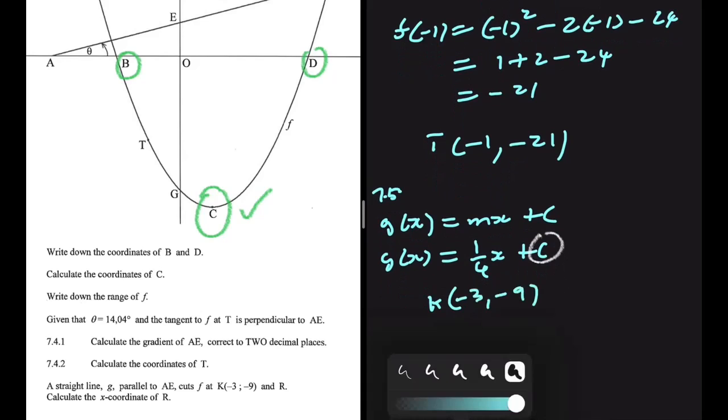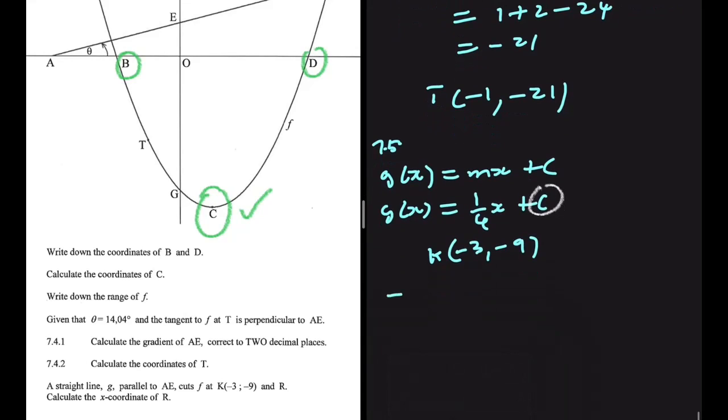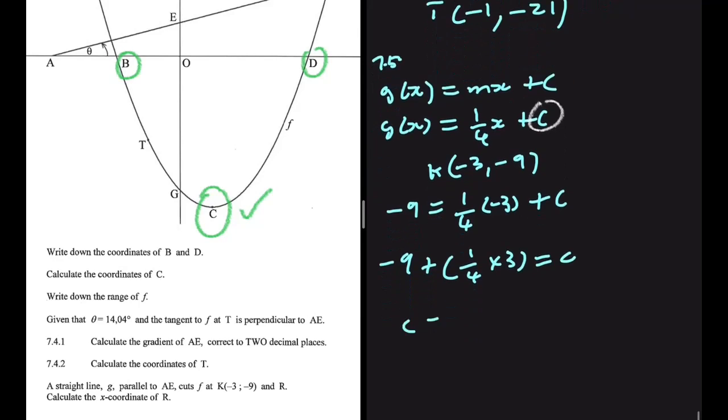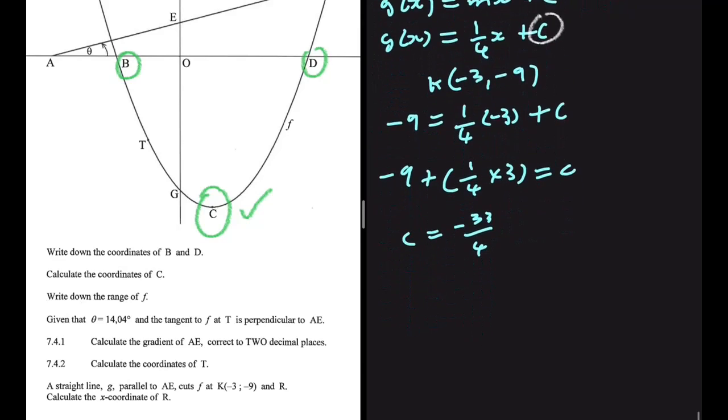If we substitute K, we're going to get minus 9 being equal to 1 divided by 4 multiplied by minus 3 plus C. So minus 9 plus 1 divided by 4 multiplied by 3 is equal to C. So C is equal to minus 33 divided by 4.